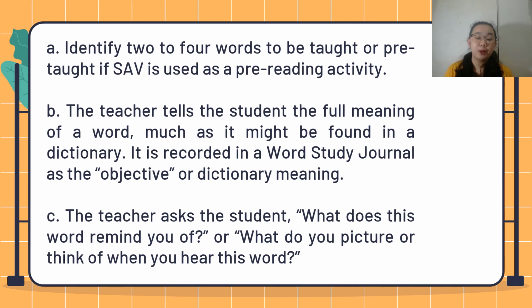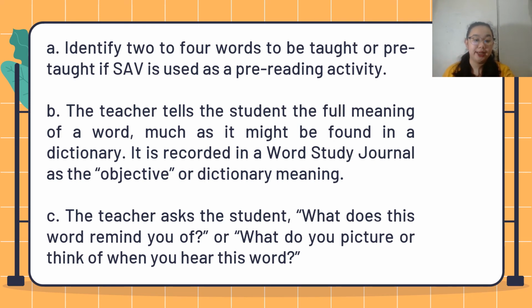And here are some procedures if you want to implement the SAV. First, identify 2 to 4 words to be taught or pre-taught if SAV is used as a pre-reading activity. Second, the teacher tells the student the full meaning of a word much as it might be found in a dictionary.